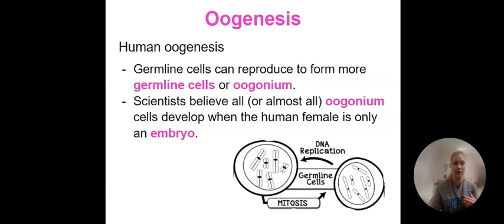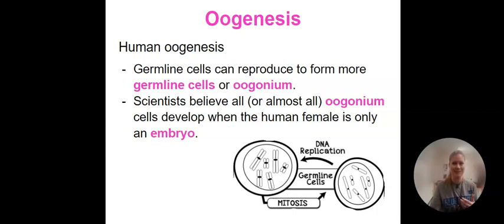Females, on the other hand, are already born with all of the eggs that they will ever have for their life. So males can keep making sperm, beginning at puberty up until the day they die. Females pretty much have a set number of eggs, and they're already born with them. So again, we're pretty sure all or almost all of the eggs develop when the human female is still just an embryo.